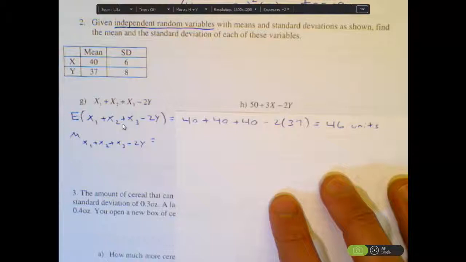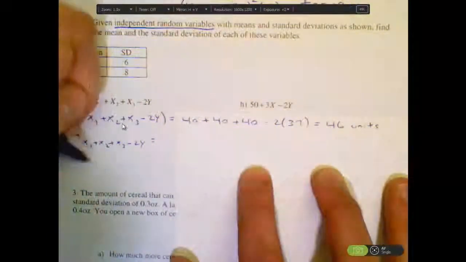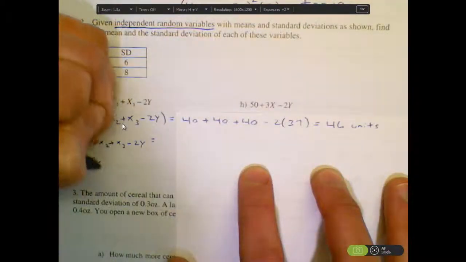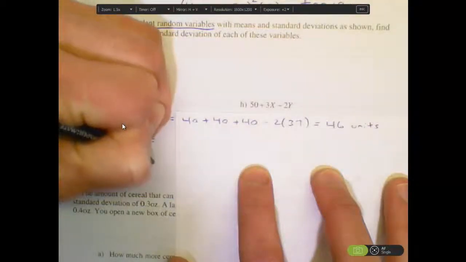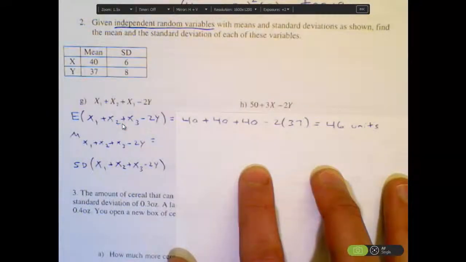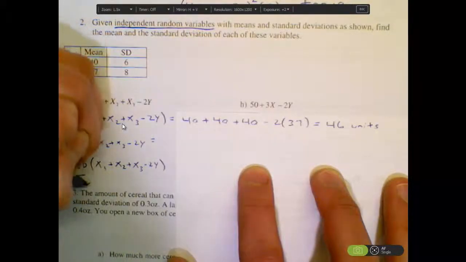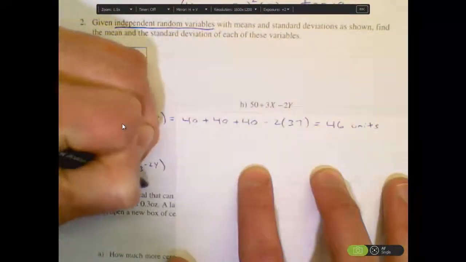Okay. I need to calculate the standard deviation next. So I'm going to have the standard deviation of x sub 1 plus x sub 2 plus x sub 3 minus 2y, or I could write it as sigma sub x sub 1 plus x sub 2 plus x sub 3 minus 2y.